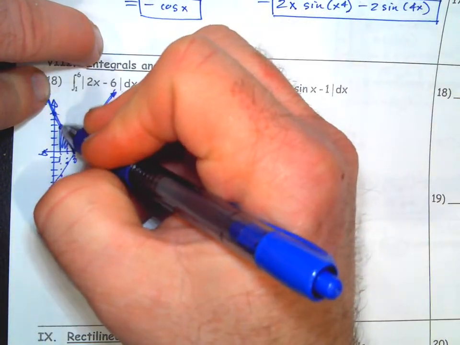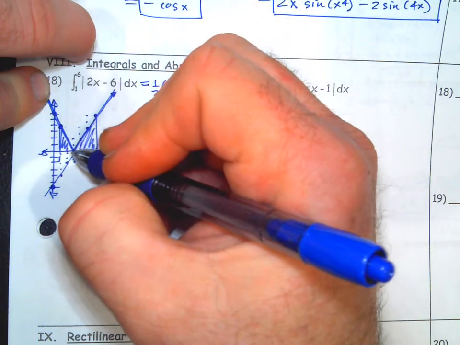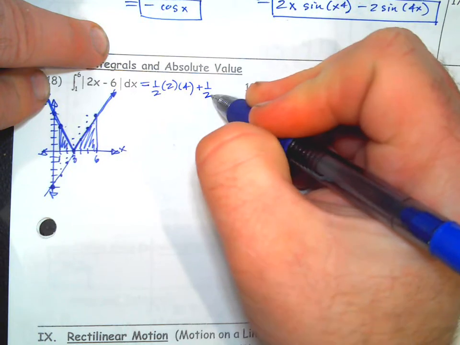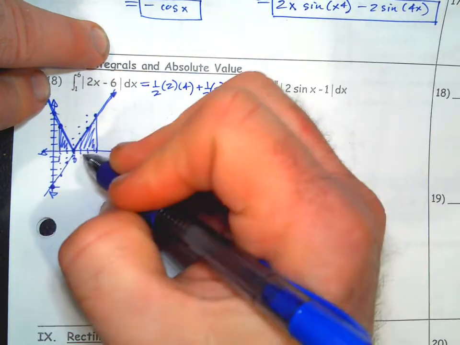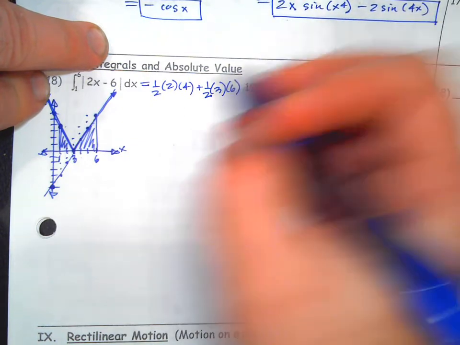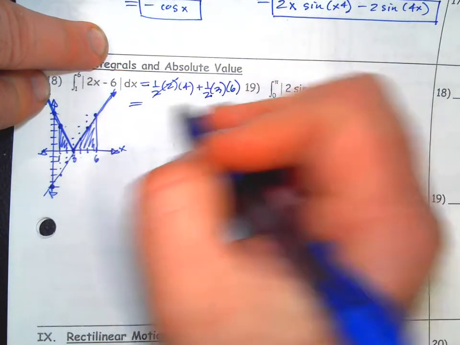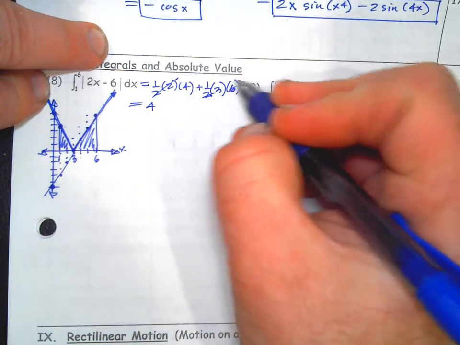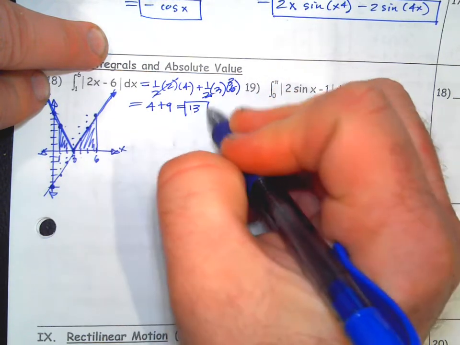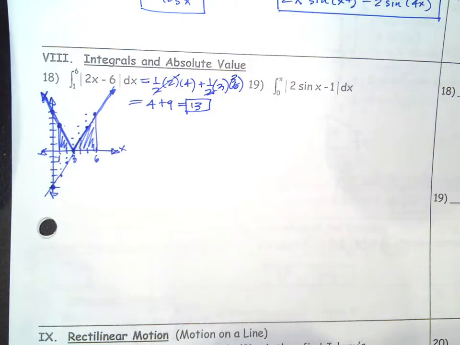Height: the slope is 2, right? So if you go over 2, it should be up 4. Plus 1/2, the base of the next one is 3. The height is, if you go over 3, you went up 6. So your pictures don't have to be perfect. 4 plus 9 is 13. So that's one way to do it.